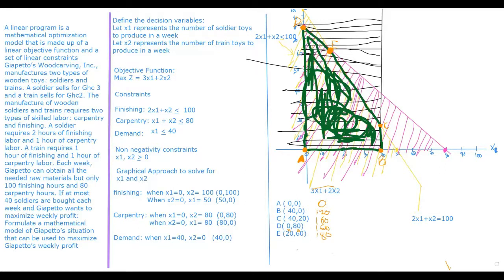So you write, therefore, let me write. Therefore, Geopetus should produce 20 soldier toys and 60 train toys to obtain maximum, because we are talking about maximized profit, maximum profit of 180 Ghana cedis weekly, or per week.